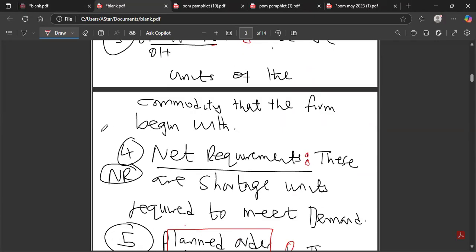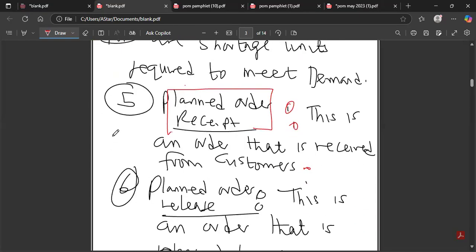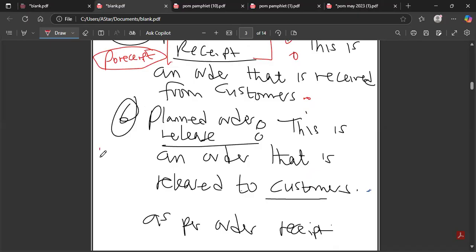Then the net requirements, which is the total units required to meet demand. Planned order receipt. And of course, the planned order release. So these are the 6 components of MRP.